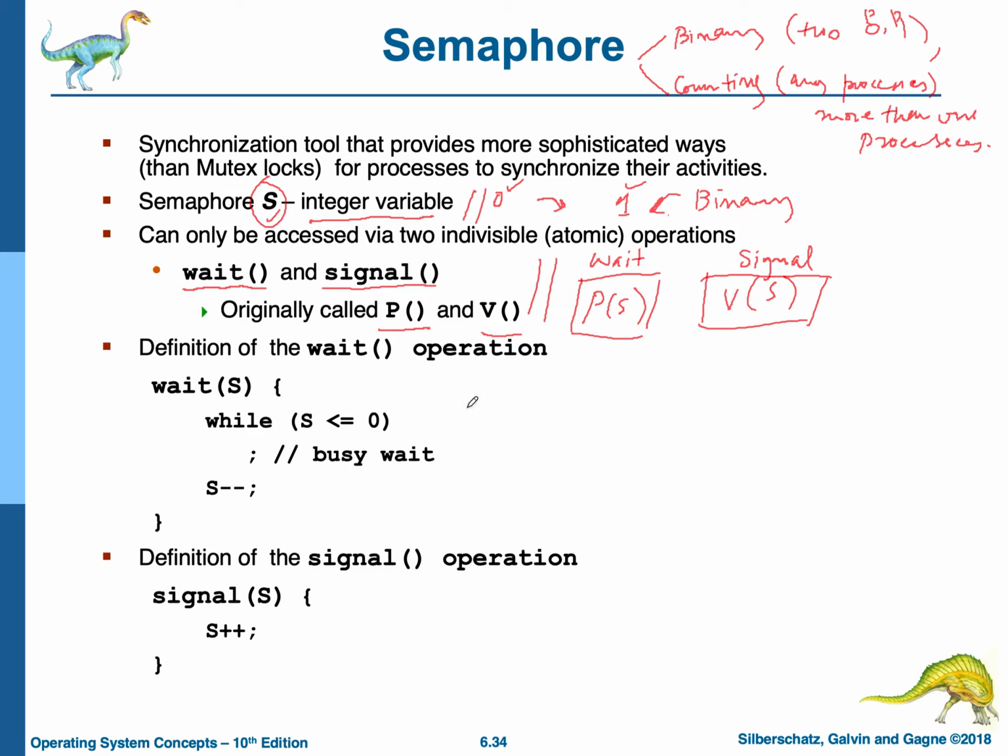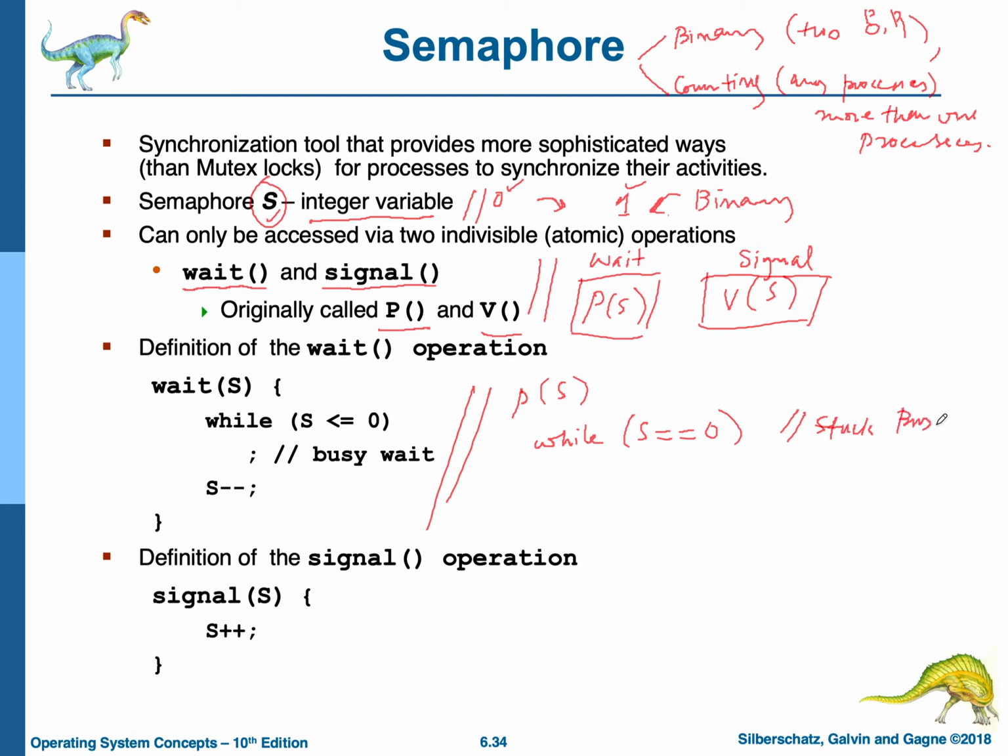Now for wait, P of S: while S equals 0, it will be stuck, or keep on spinning, which is busy waiting.